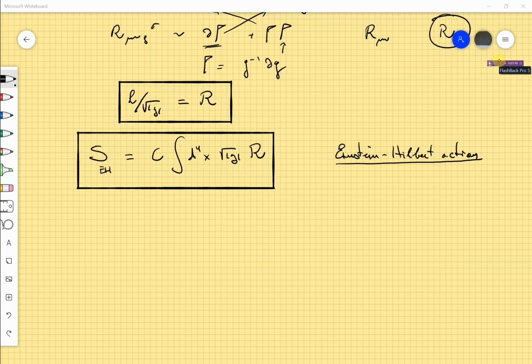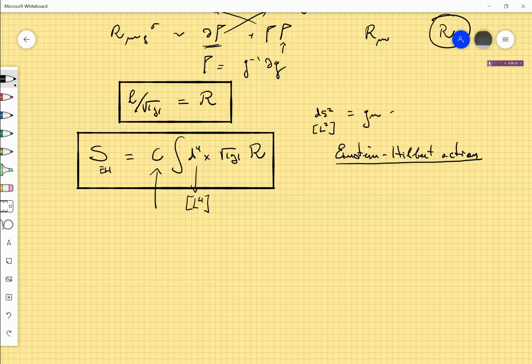And the next thing that we have to do is to determine this normalization constant C. And first, it is good to write what are the dimensions of C, taking into account everything. So you know that d^4x has dimensions of length to the fourth. The metric is dimensionless, so you know that this has dimensions of L squared.